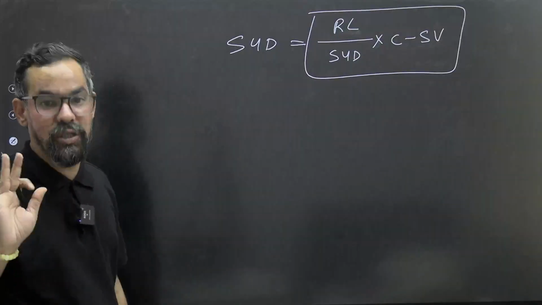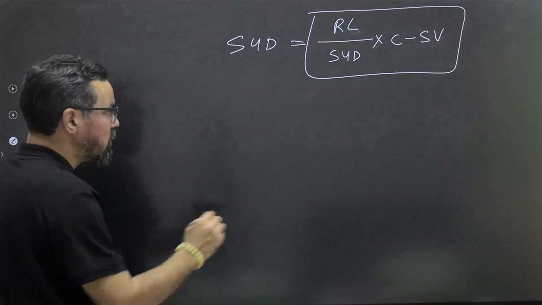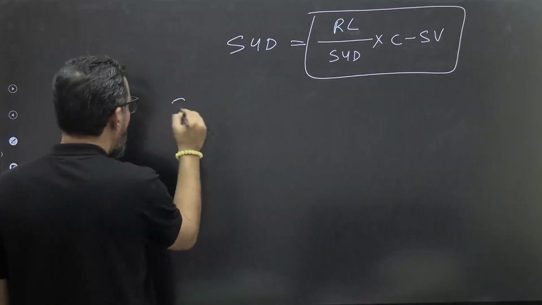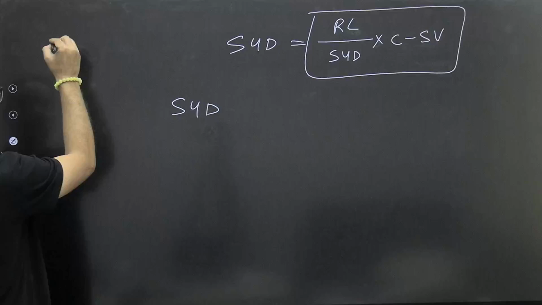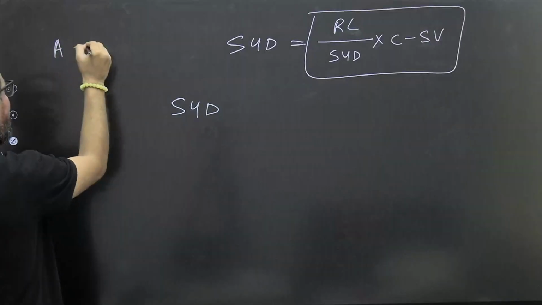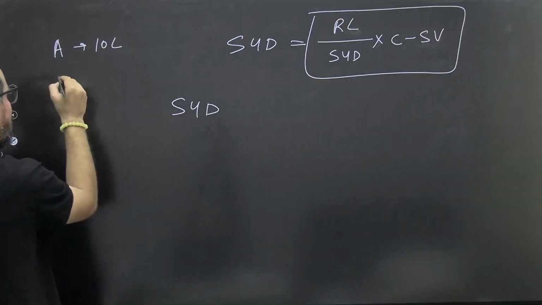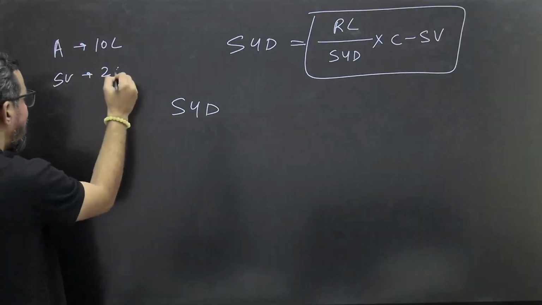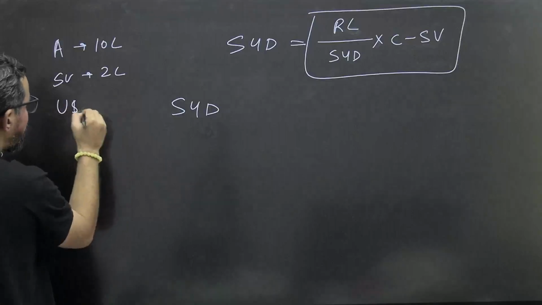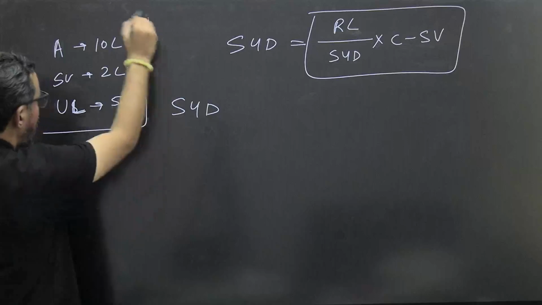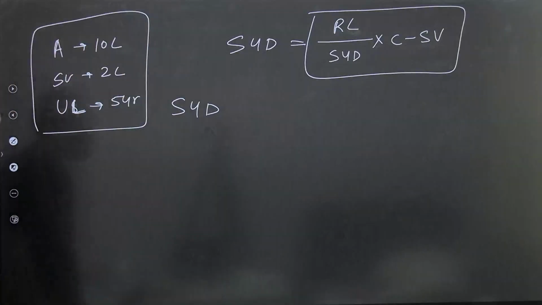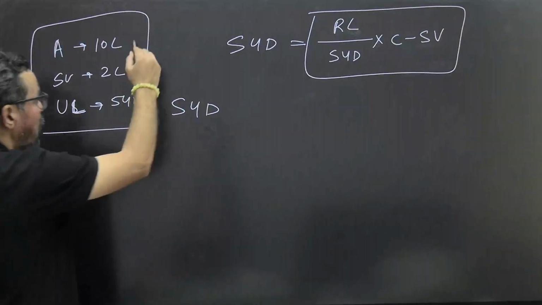In these kinds of cases, to calculate depreciation you have to calculate the depreciation rate first, right? So first you have to understand how we calculate sum of year digit. Let's say there is an asset whose value is 10 lakh, salvage value is 2 lakh and useful life is 5 years. Now, how will you calculate depreciation by using the sum of year digit method?